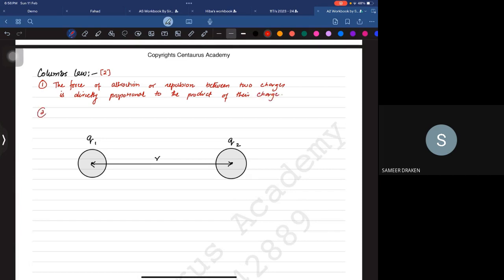Then the other point you're going to get is when you write that it is inversely proportional to the square of distance between their centers.